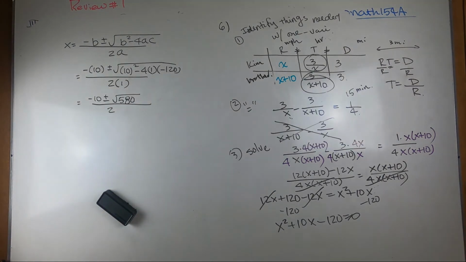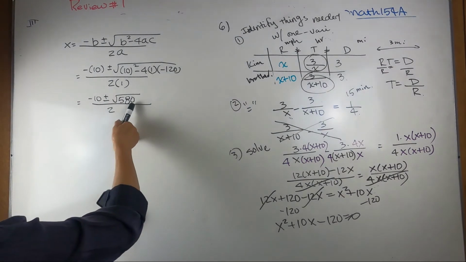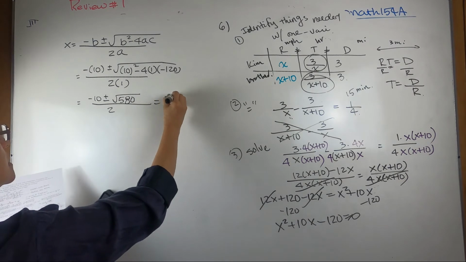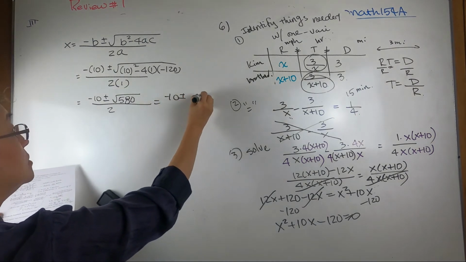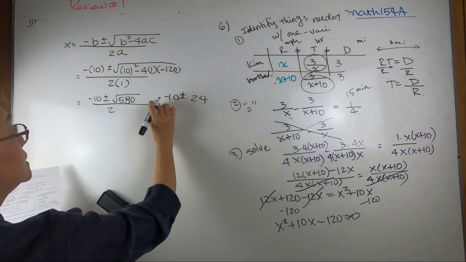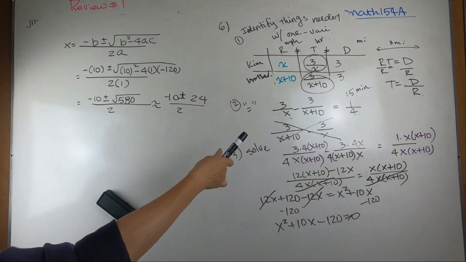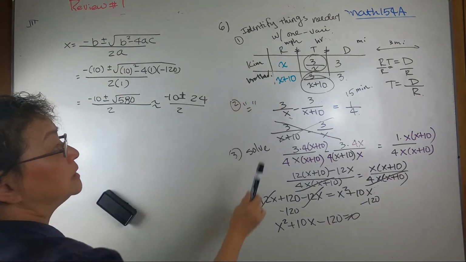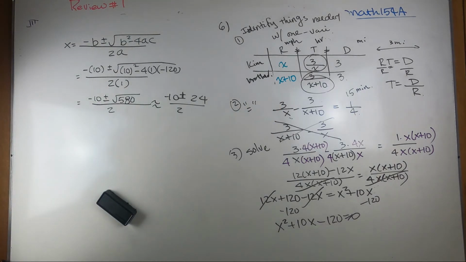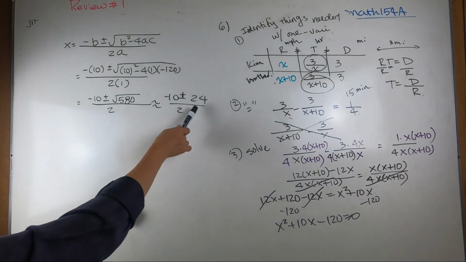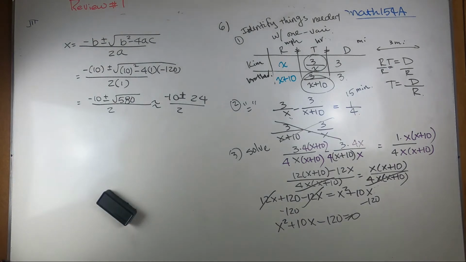So you just use a calculator to find the square root of 580, which is plus or minus about 24. Because we need to answer the question, how many miles per hour, right? You need to have a number instead of radicals. We don't know what that means exactly for the speed, so we need to get an estimate, right?